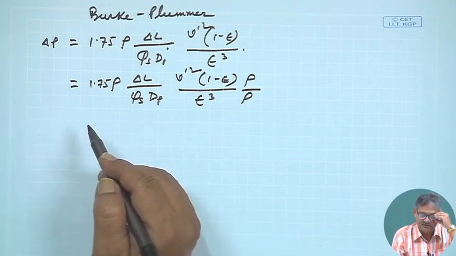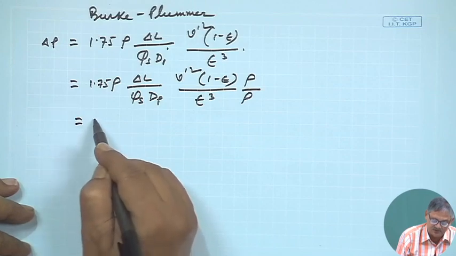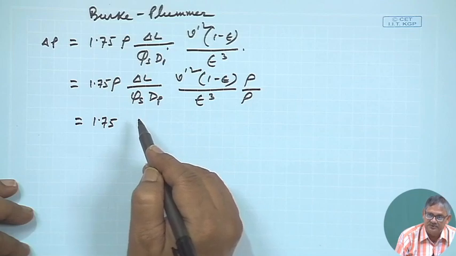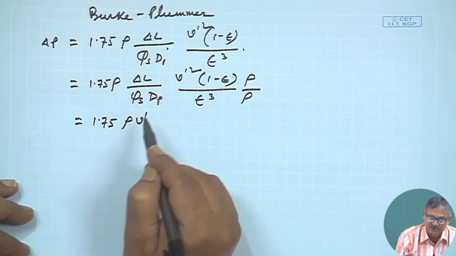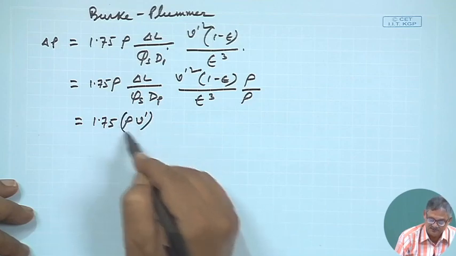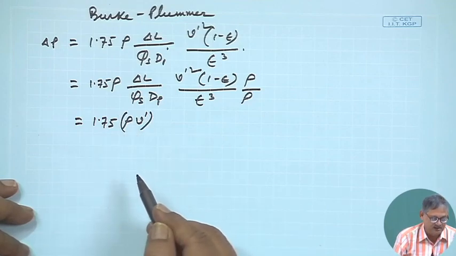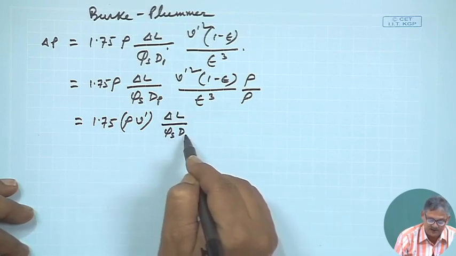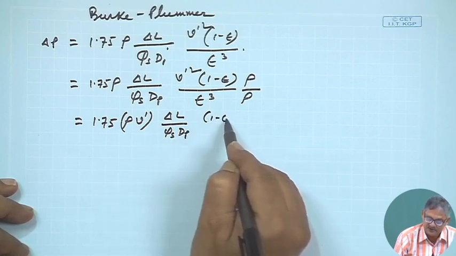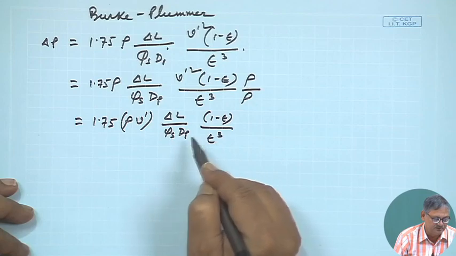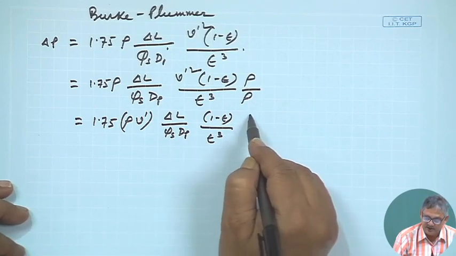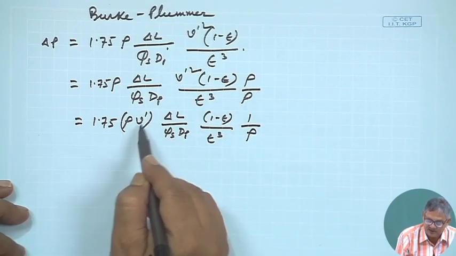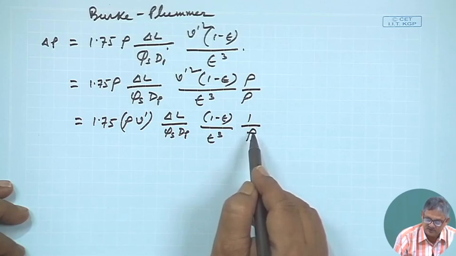So we can rewrite it as 1.75, rho V prime, rho V prime, and delta L by phi s dp into 1 minus epsilon by epsilon cube, into 1 by rho, because this rho V prime we have gathered together, so 1 by rho remains.